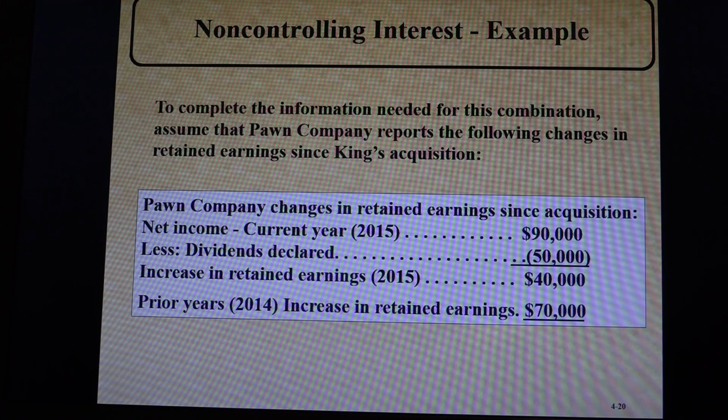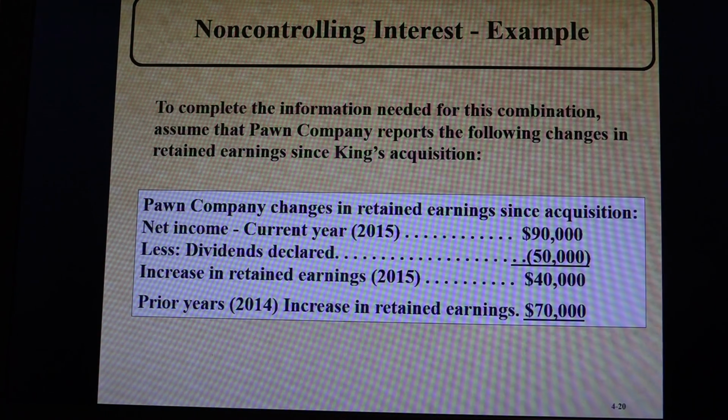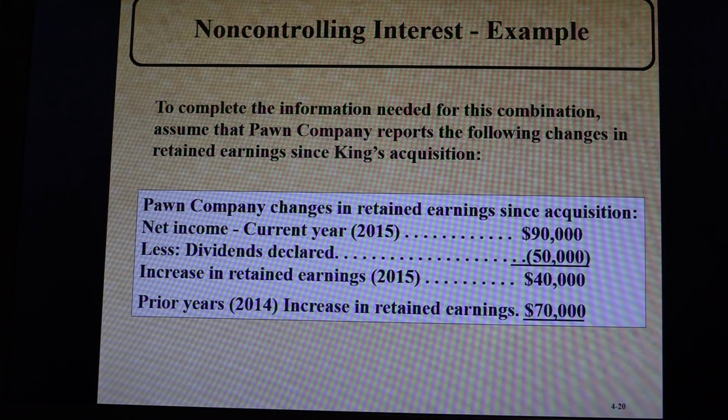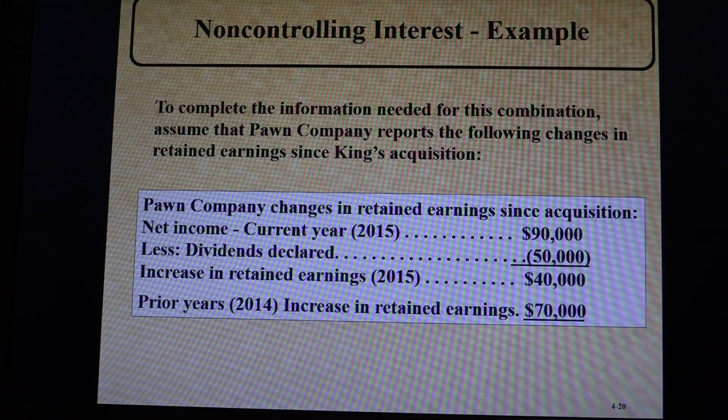And in the current year, of course, their portion of the $90,000 net income is 80% of that, or $72,000. Then they're going to pick up their excess amortization expense of $8,000.